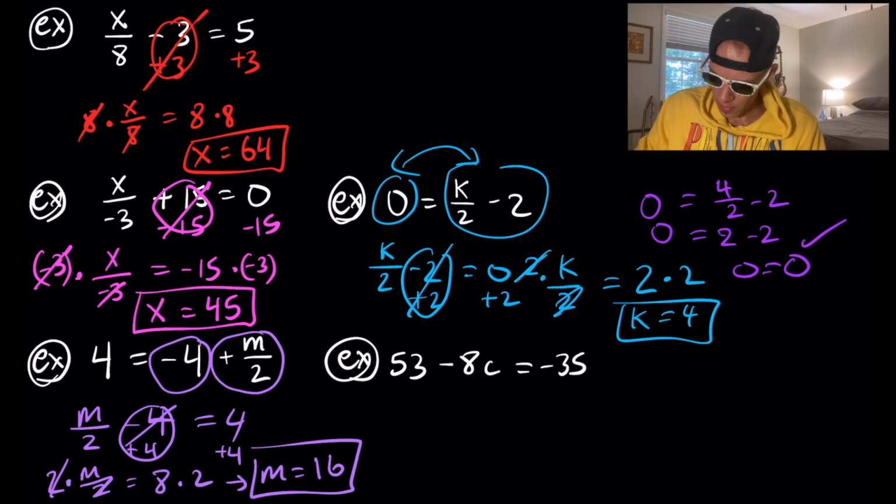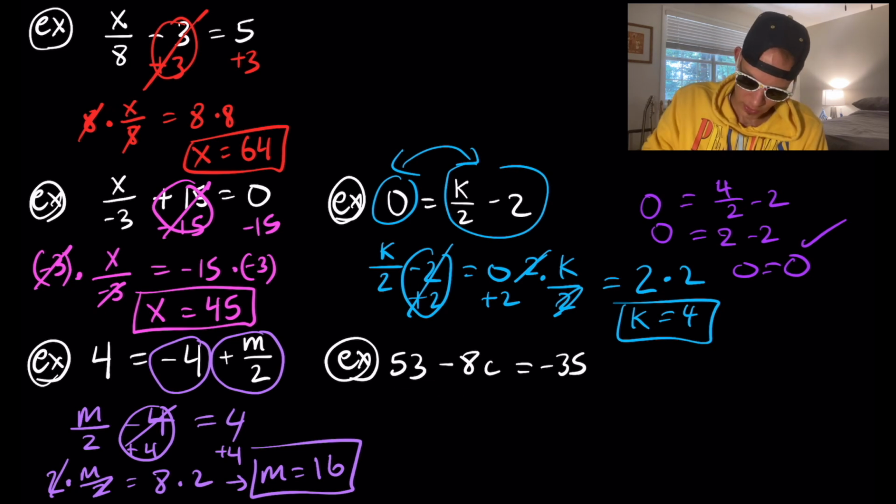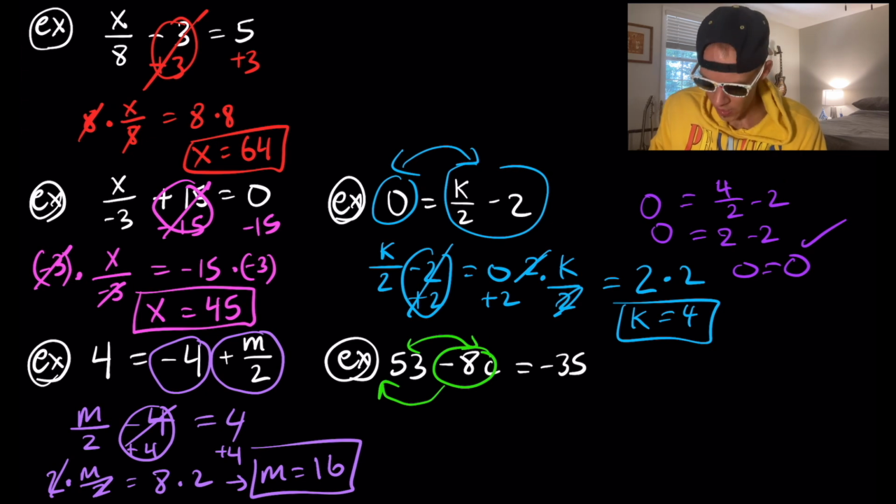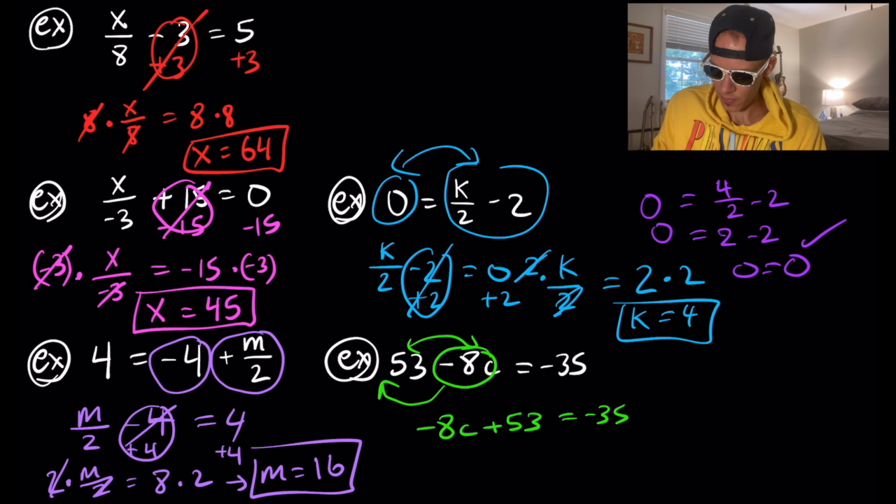All right, down here, the variable is on the left side, so that looks good. But I'm just going to swap these two terms. So I'll put the negative 8c in front, and then the 53 to the right. So I'll have negative 8c plus 53, because that 53 is positive, equals negative 35.